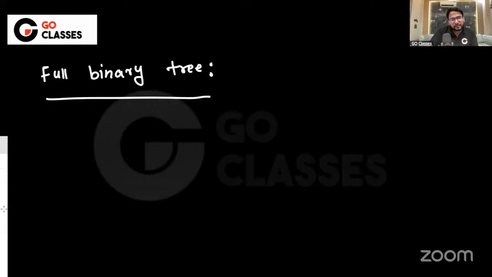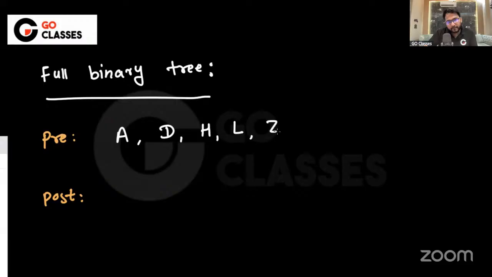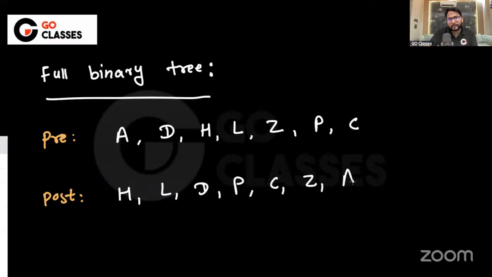In a full binary tree, let's suppose there is a pre-order and a post-order. Suppose the pre-order is A, D, H, L, Z, P, C, and the post-order is H, L, D, P, C, Z, A. So this is pre-order and this is post-order.